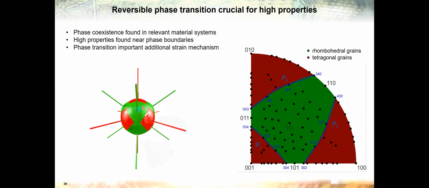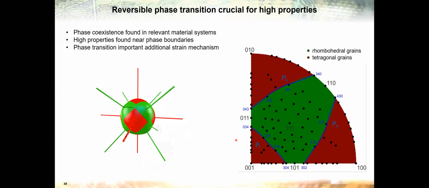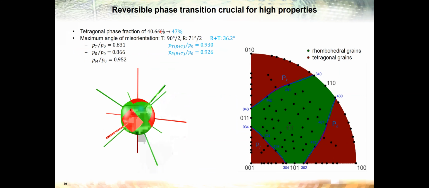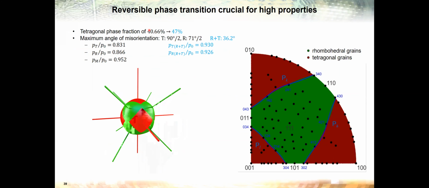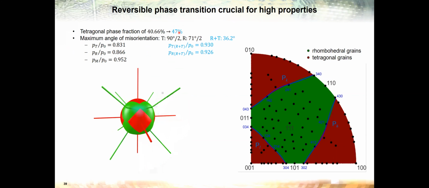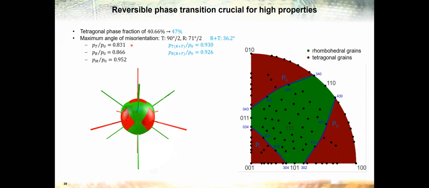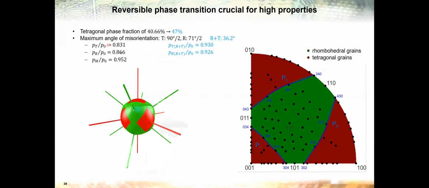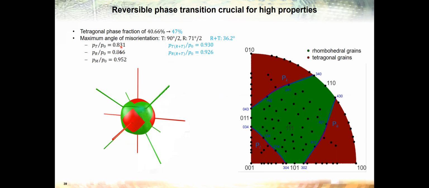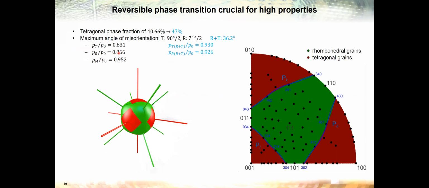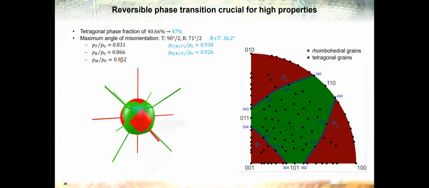This is green for rhombohedral, red for tetragonal. And it turns out that we get a theoretical phase fraction of 40% tetragonal. In our case, BNTST, it's 47%. And Jacob mentioned last time that the maximum polarization you can achieve is about 38% for tetragonal and 68% for rhombohedral, and for monoclinic it's 95%.